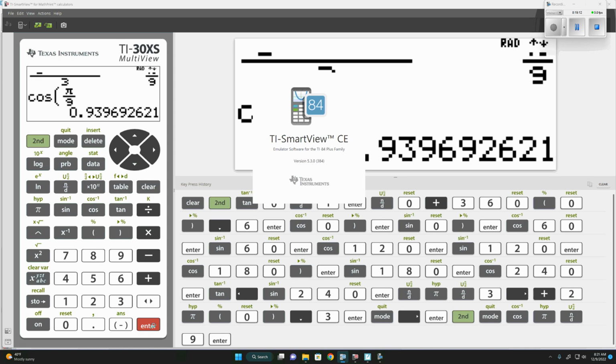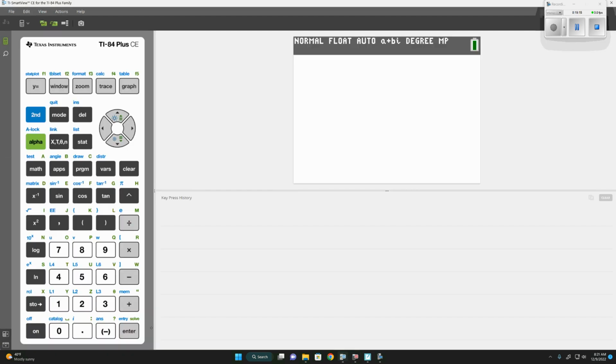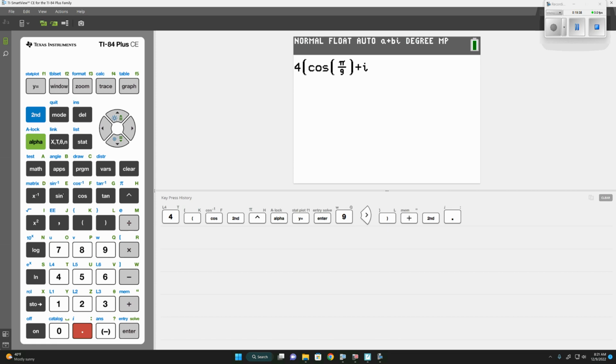I'm going to show you this here with the graphing calculator also. Because the TI-30XS is nice, but it doesn't deal with complex numbers. So there's a good chance what we can do is 4 parentheses cosine of pi over 9 plus I sine of pi over 9.